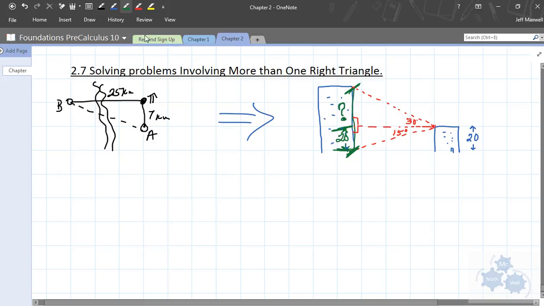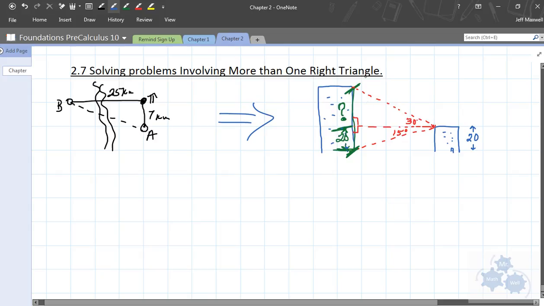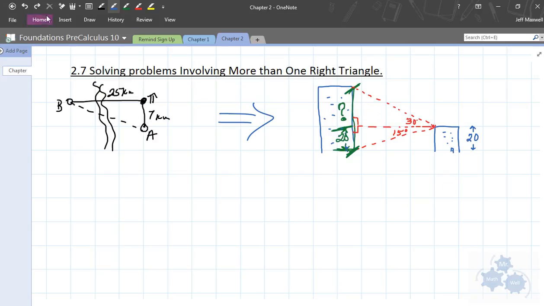So you would look at this and you might say, oh, that's pretty easy, Mr. Maxwell. I know what to do. All I need to do is find the opposite side to 30. And that's true. But the problem is what? We are not given this side length right here, nor are you given this length right here. So we don't have enough information, right?